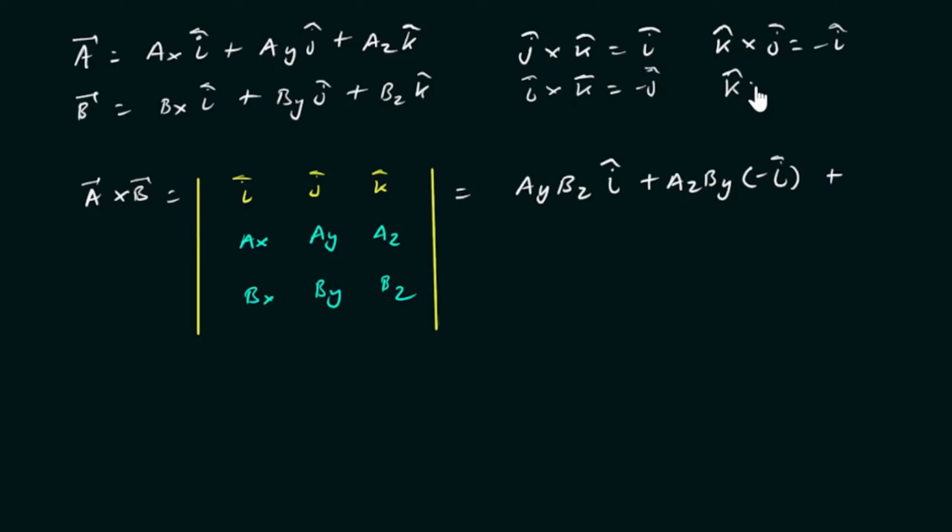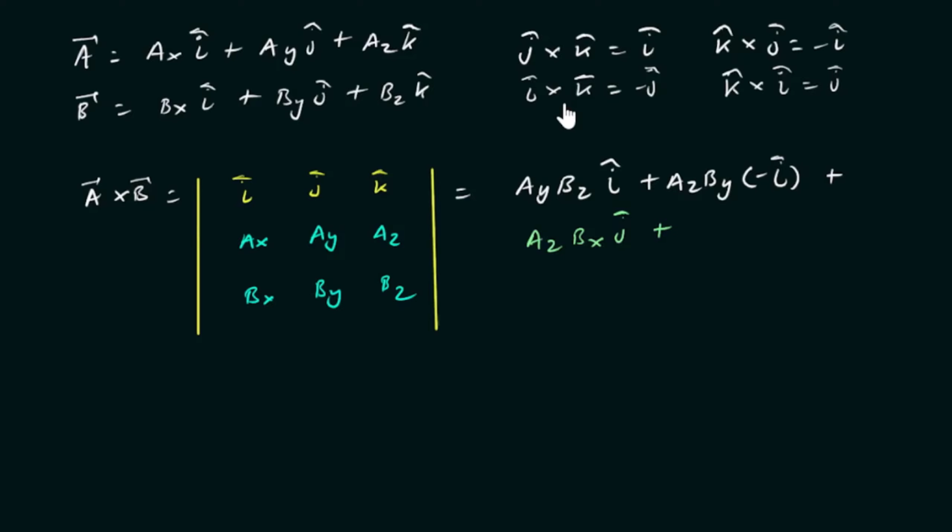So K cross I, we will get az bx. Az bx will be K cross I, so it will be plus J, and ax bz is I cross K, which we know is minus J cap. So plus az bx, minus ax bz, J cap.